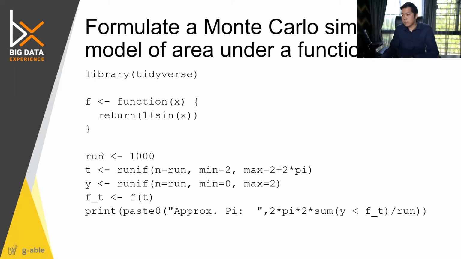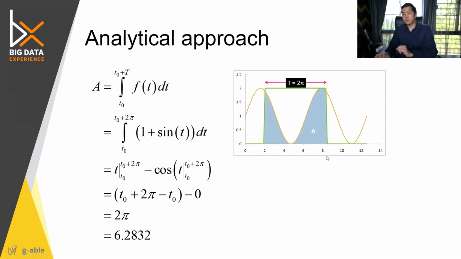the number of points that are in this region, in the blue region here, compared to the total number of run, it will give you the proportion, right?